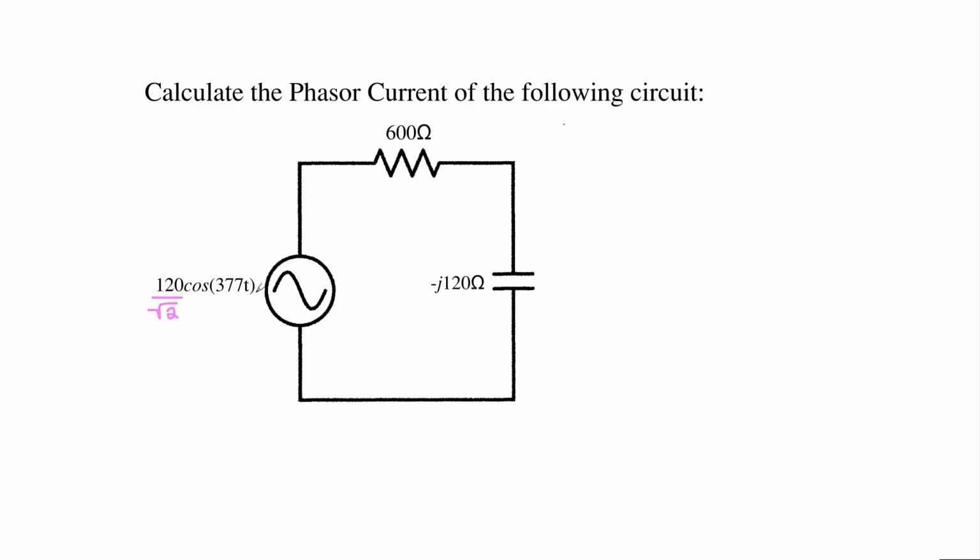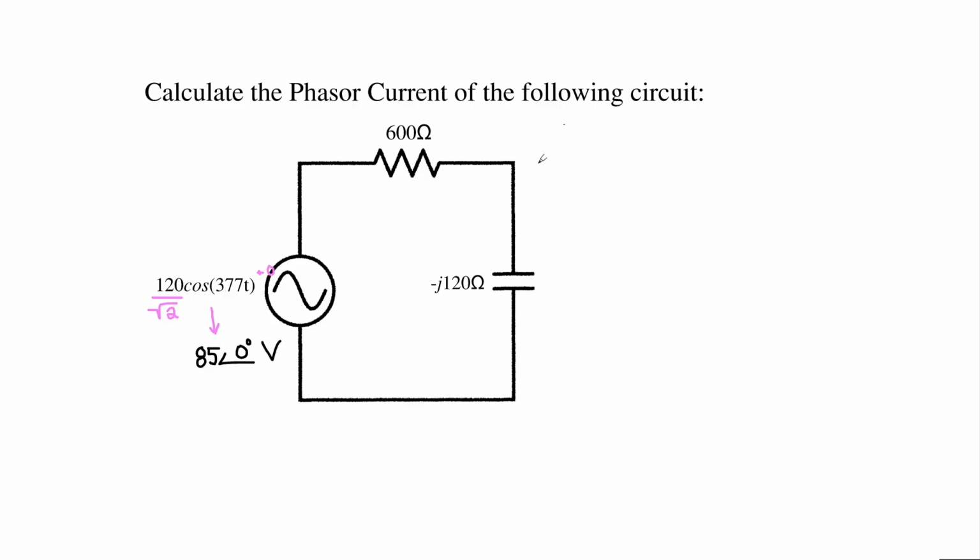It is also important to identify that there is no additional time shift to this function. Therefore, our phase angle will be equal to 0. Following through and converting, we now have a phasor voltage of 85 volts and a phase angle of 0 degrees.